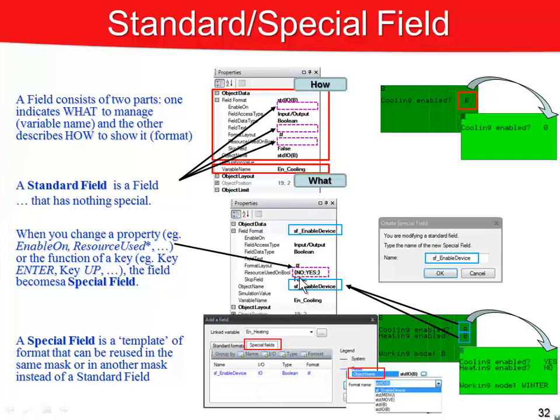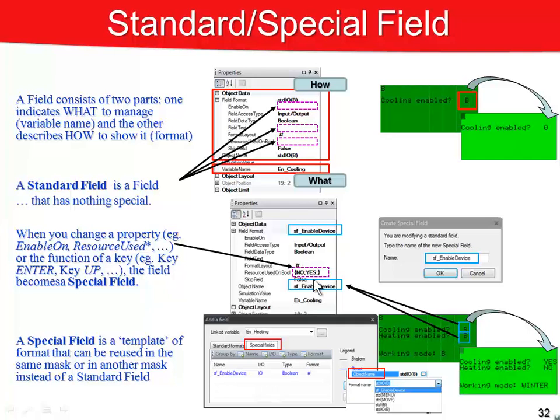Since it is a template, you can use the same template somewhere else. So if later in this project you need to show another variable, not enable cooling, but maybe enable heating or whatever else, another variable with the same properties, enable on not defined, input output, boolean, nothing, no yes, and so on.